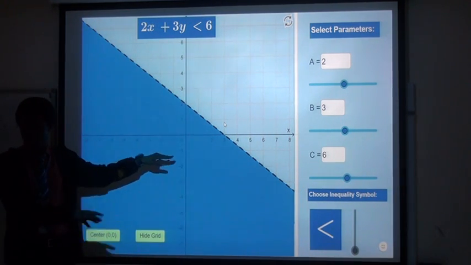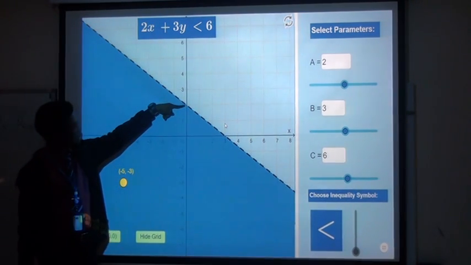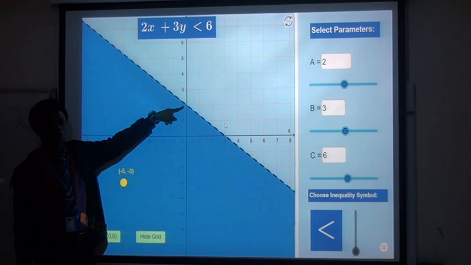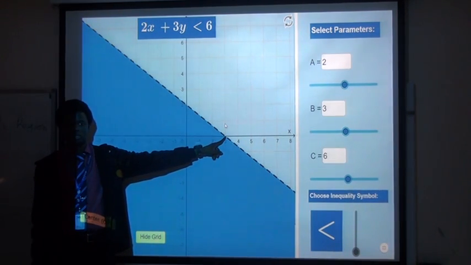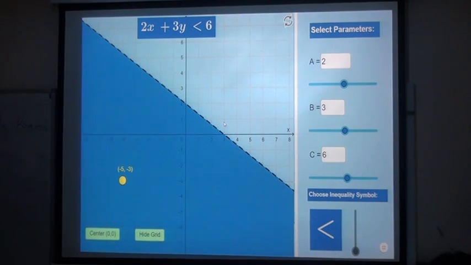I put all the links there. This is just one of them. What is the intercept here? What is the coordinate of this point? 0, 2, and this is 3, 0. Isaac, you need to say something. You have to respond, okay?